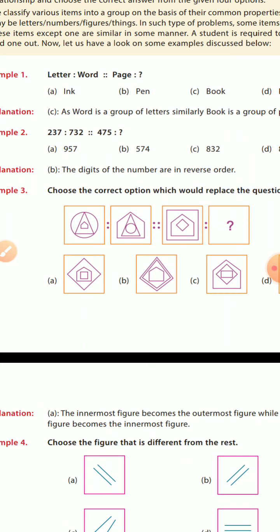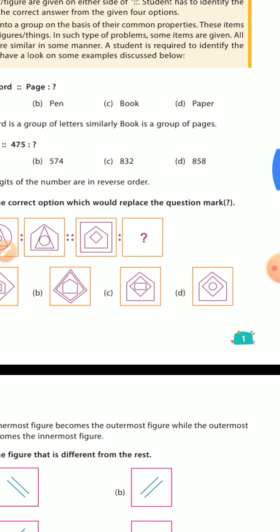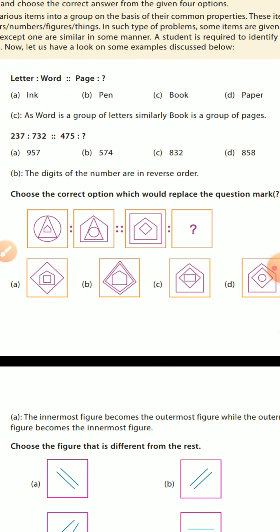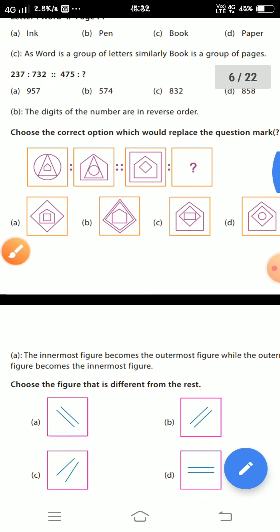In the next one we have to identify: the square, then the pentagon, and then the rhombus. What should be the answer? The square should go out, the rhombus should go outside, and the square should come inside. So the answer to this question which I can find correct is A.